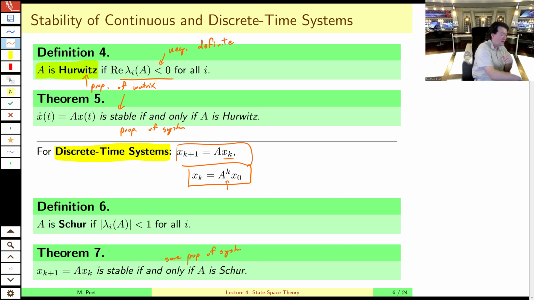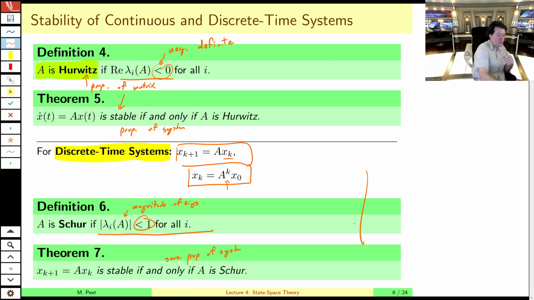Specifically, the magnitude of all the eigenvalues has to be strictly less than 1. So that's strictly less than 0 here, and this is strictly less than 1.